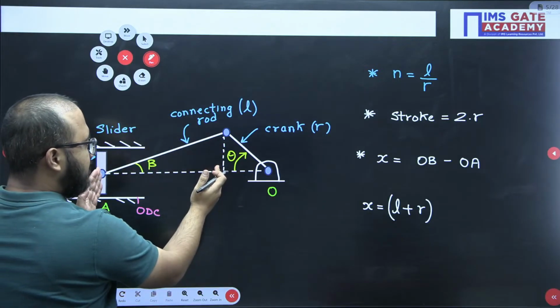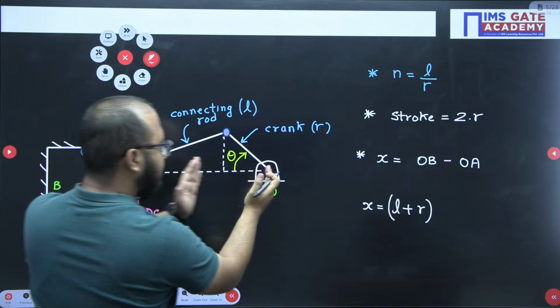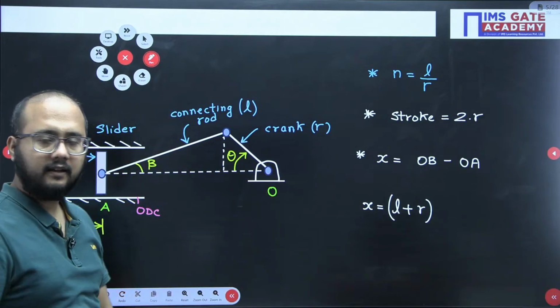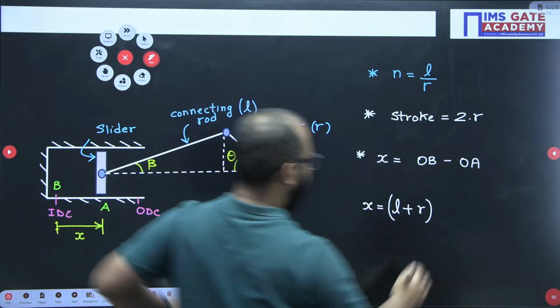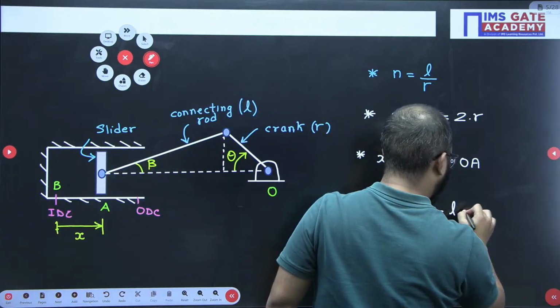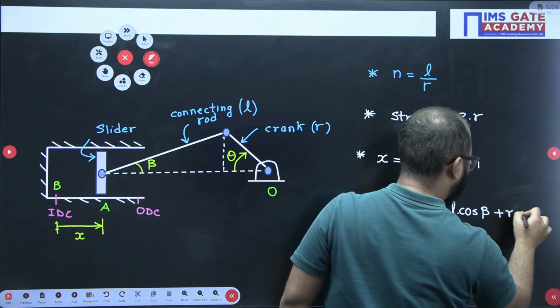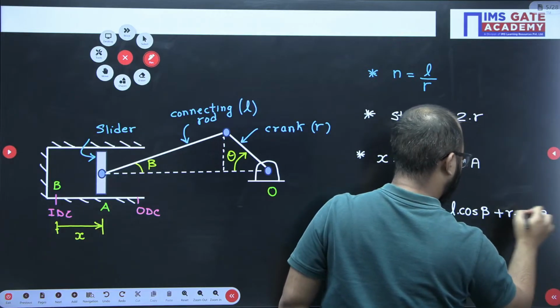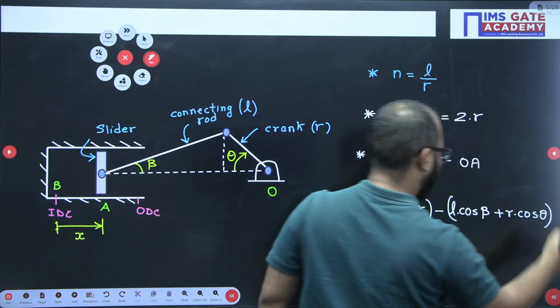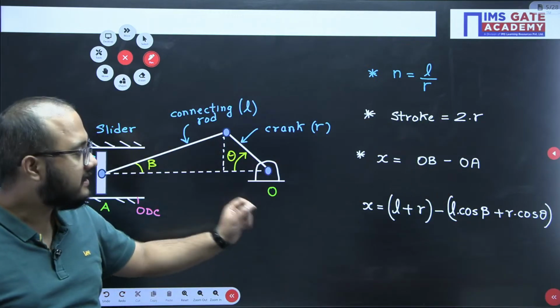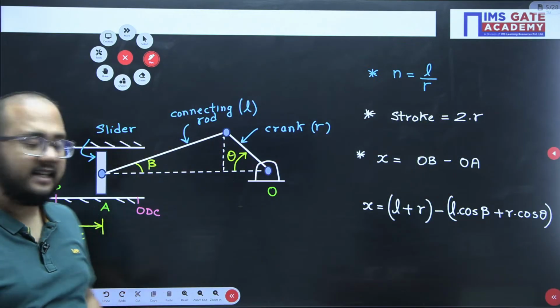So this distance will be L cos beta and this is R cos theta, right? So we can write here L cos beta plus R cos theta. This is the value of x, that is the displacement.